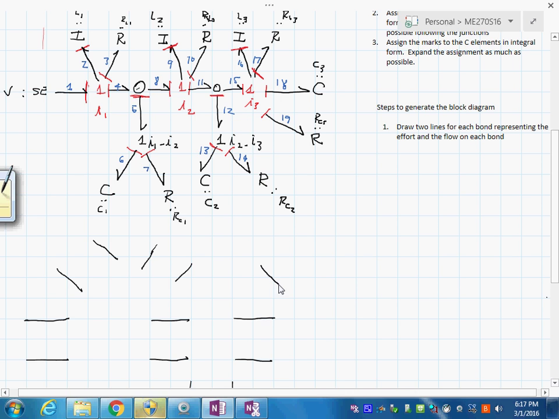Is this one like this, and then we have to generate for the C and the R. Do you see how the structure takes shape of the bond graph model, of the block diagram? And so far this bond represents this joint right here. So we need to put all this. So we are following this step, generates 2 lines for each bond. We are not done yet with that.